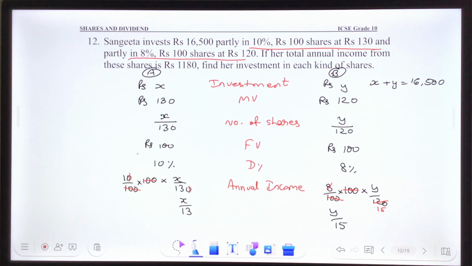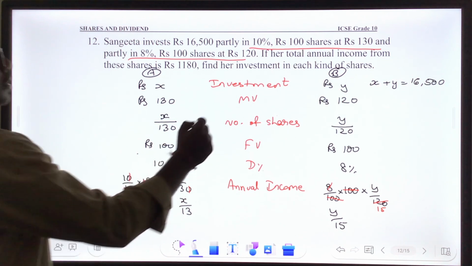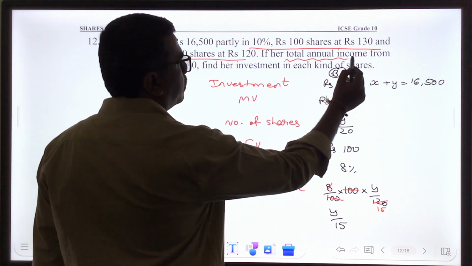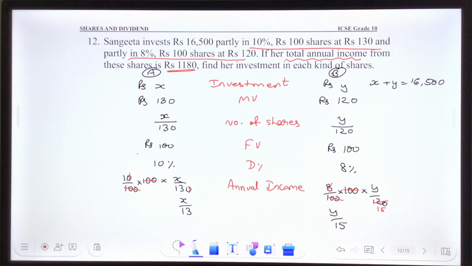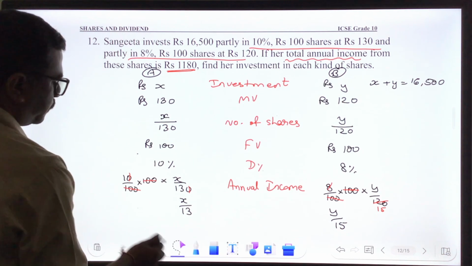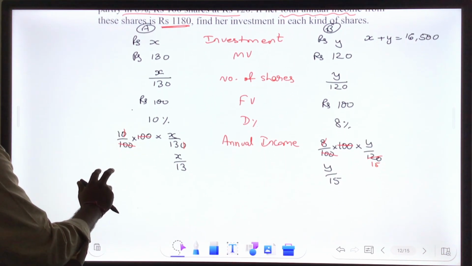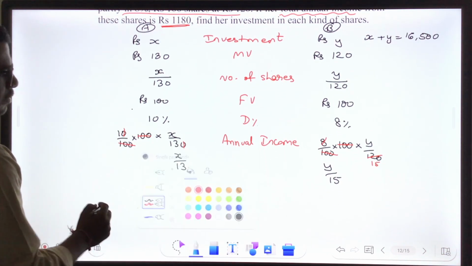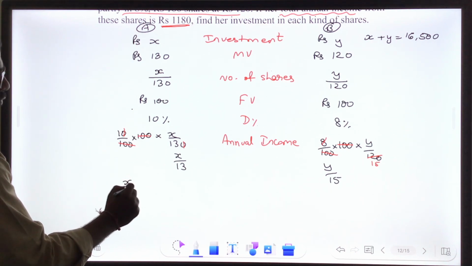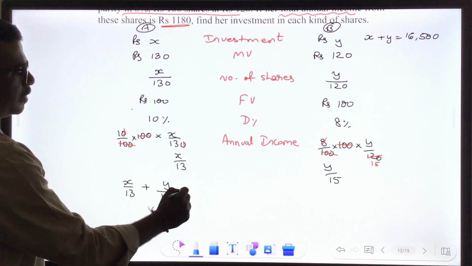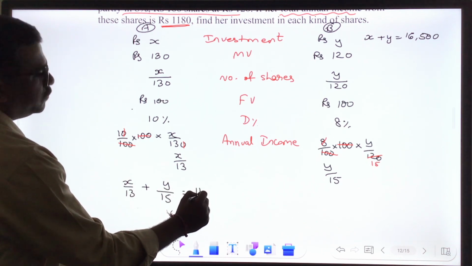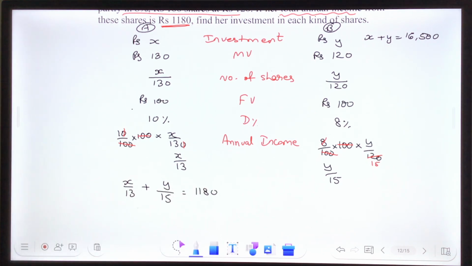Now as per the question, the total annual income from both these companies is rupees 1,180. So we add these annual incomes and we get X upon 13 plus Y upon 15 equals 1,180.